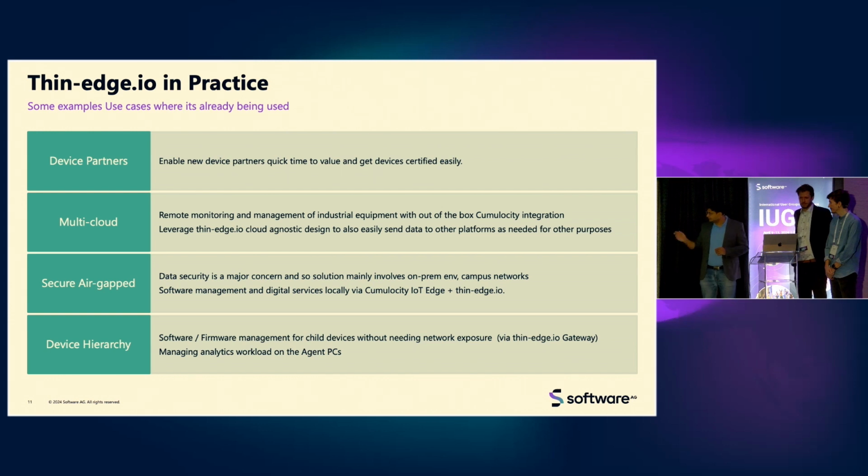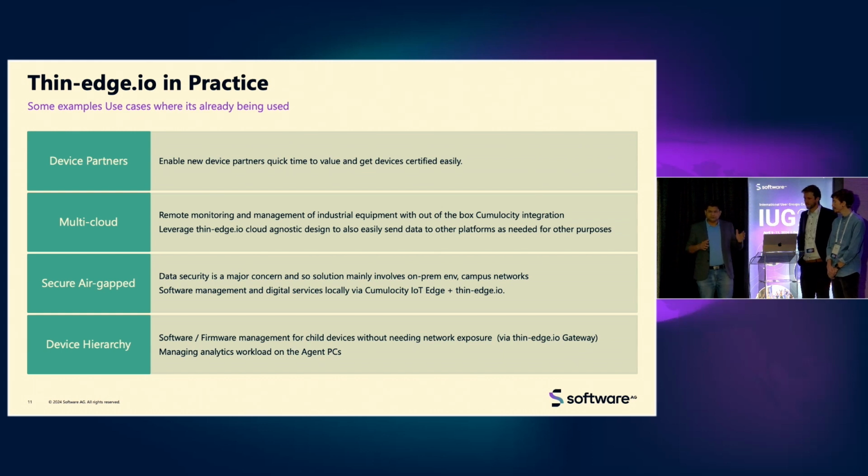And then you have these data security cases where most of your solution resides in an on-prem campus network environment. With the Cumulocity IoT Edge and a combination of ThinEdge, you can solve all the same problems inside your local campus network without ever needing to touch the cloud. You work in a completely air-gapped environment in that model.